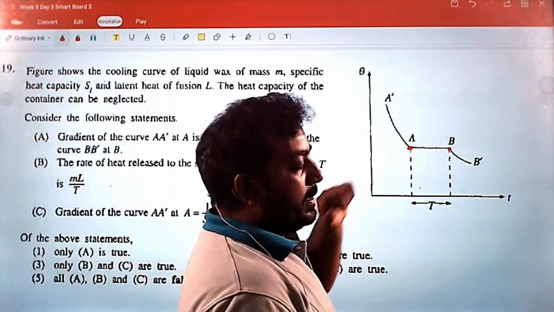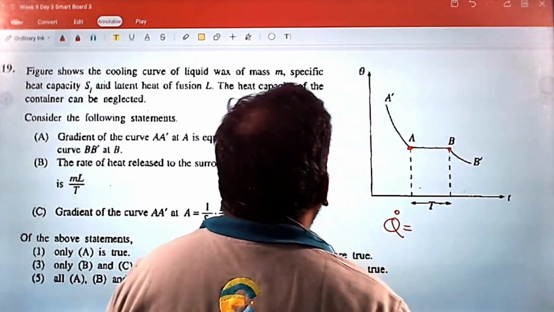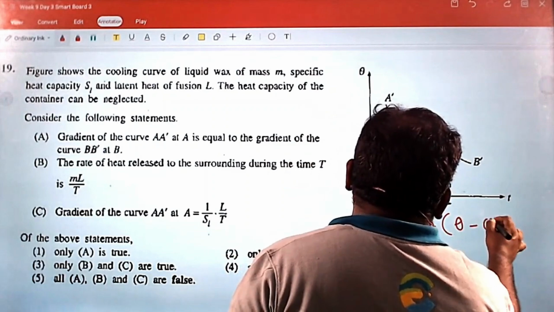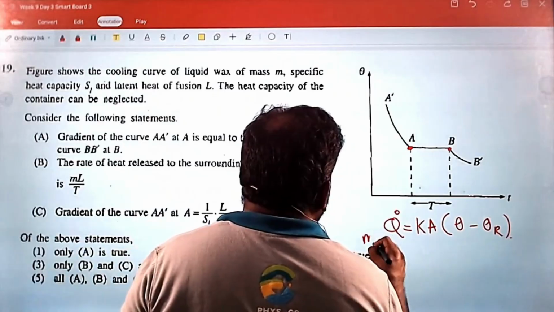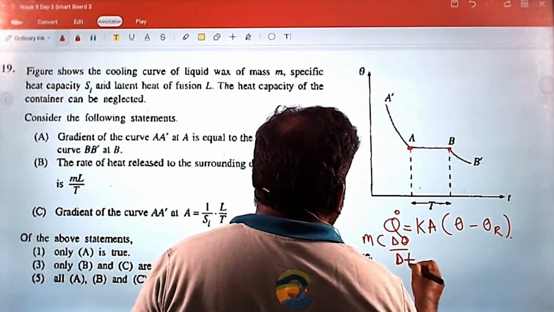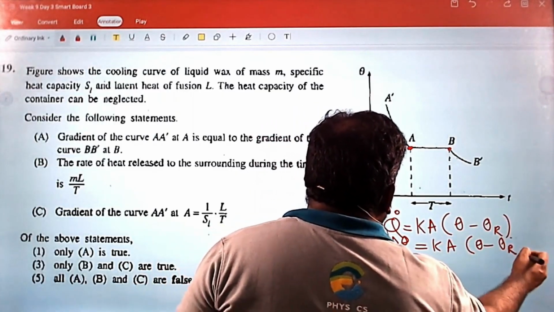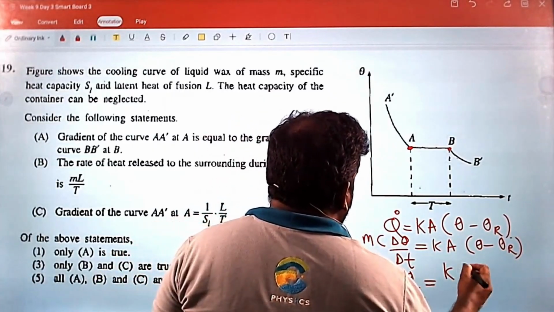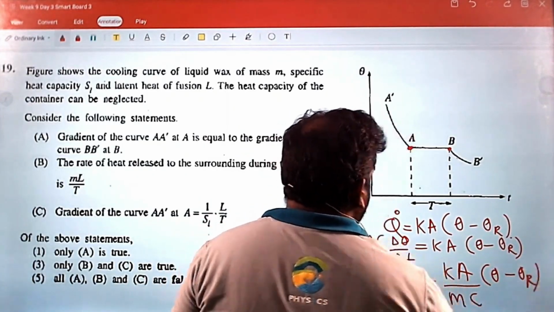here, to apply the equations, Q dot is equal to K times A, theta minus theta R. Q dot is also equal to mass times specific heat capacity times delta theta over delta T. So delta theta over delta T is equal to KA(theta minus theta R) over MC.